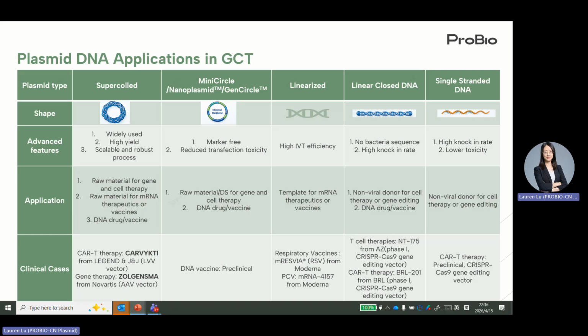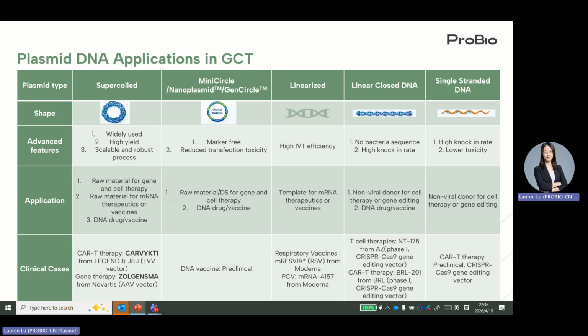And there are also other types of plasmids, such as minicircles, nanoplasmids, and gene circles, which are marker-free plasmids. They are much smaller than traditional plasmids, so they reduce transfection toxicity and are much safer.